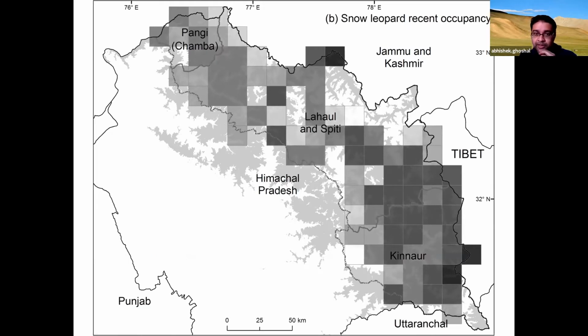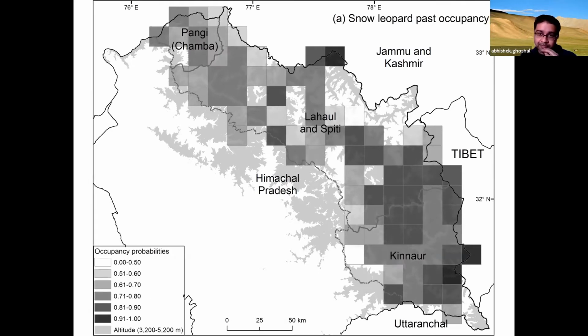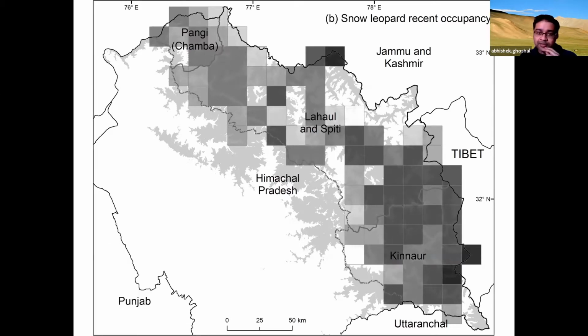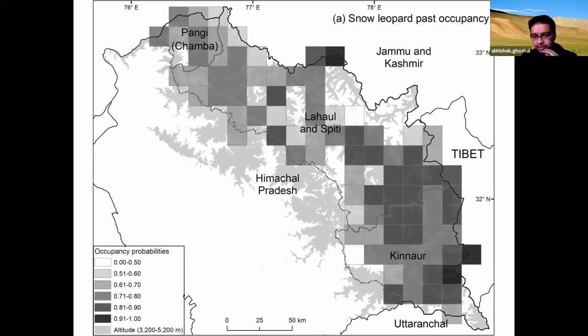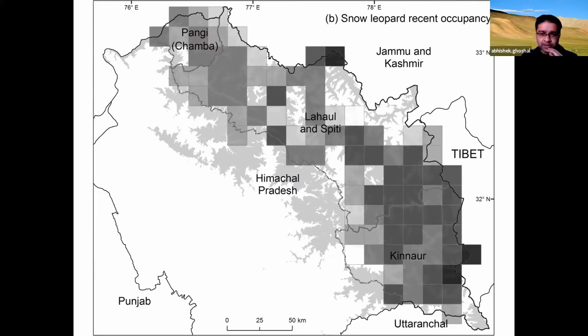Similarly, this was for the past time period, 1985 to 1992, and this was for the current time period, 2008 to 2012. And we had a slight change in the occupancy value. It was, I think, about a 15% reduction in the overall occupancy value for this entire period.